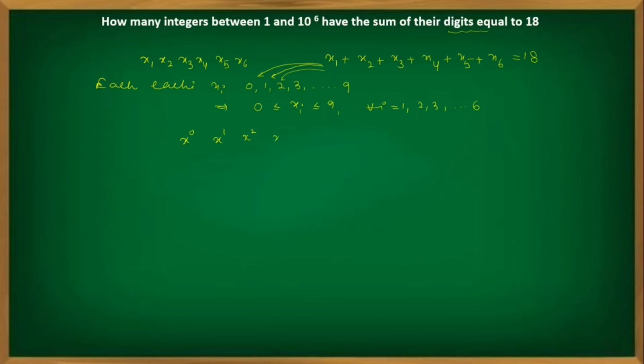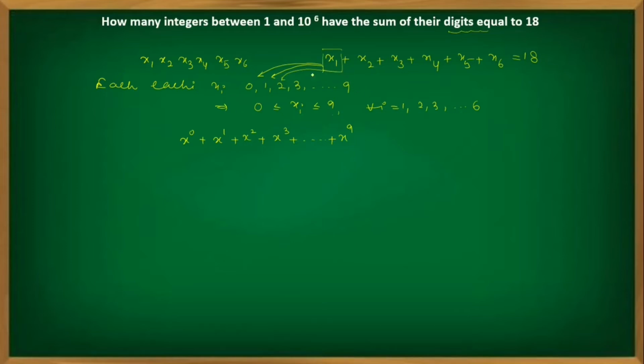If it takes the value 3, the representation is x cube, and so on up to x to the power of 9. So the expression for x1 is x power 0 plus x power 1 plus x power 2 plus x power 3 plus up to x power 9. This is the expression for the values of x1.